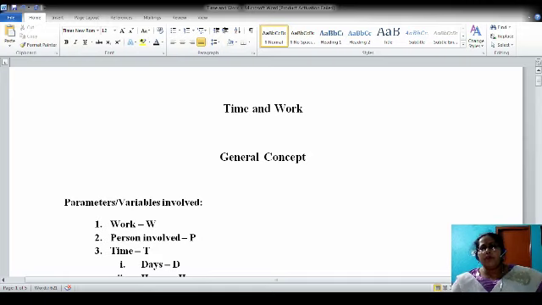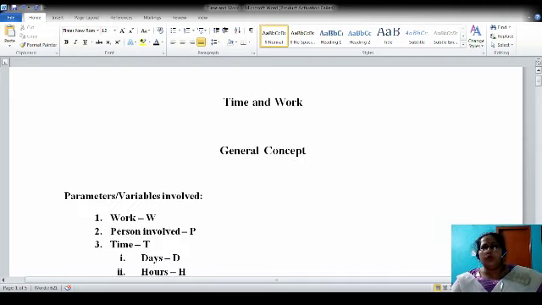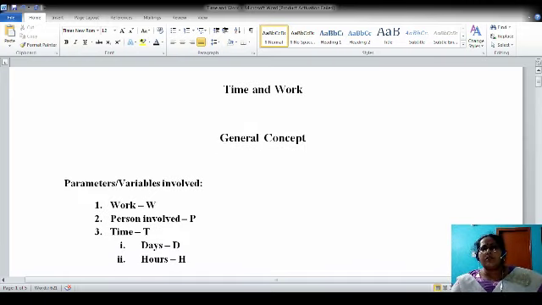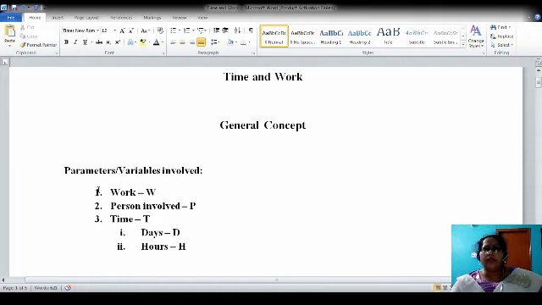When we talk about time and work, of course, the first thing that comes to your mind is work, and let us denote work with W. Next, the work is done by some people, so the persons involved, let us denote with P. And finally, the time required to complete a particular work, so it is T.